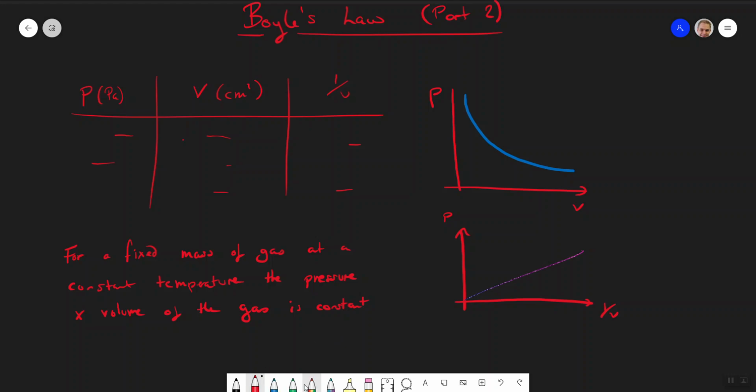And that is the statement of what we call Boyle's law.